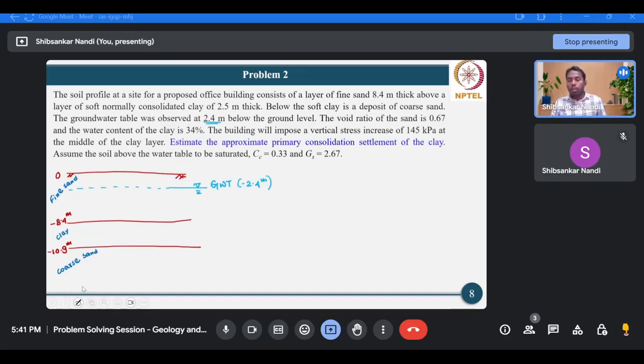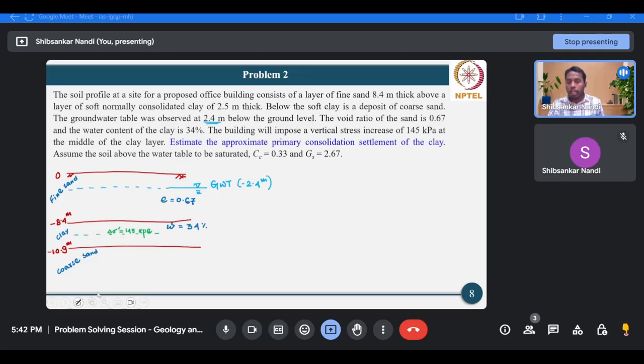Now coming to the properties of sand and clay. First of all, the void ratio of sand is given as 0.67, and the water content of the clay is given as 34%. The stress increase at the center of the clay, so delta sigma prime, is given as 145 kPa.